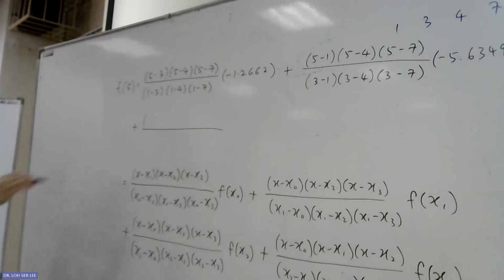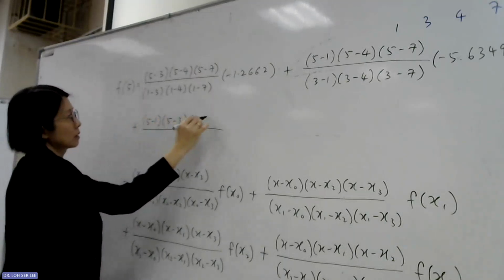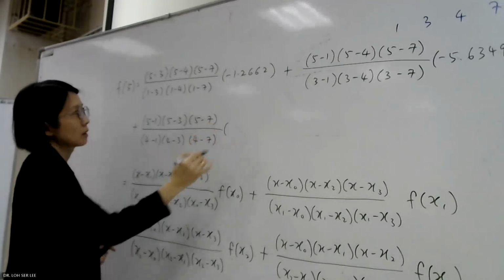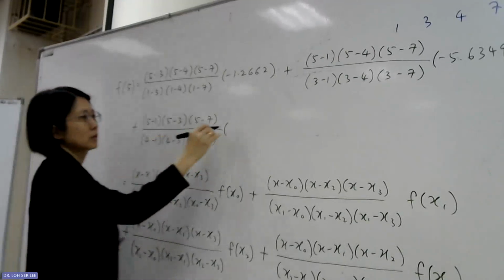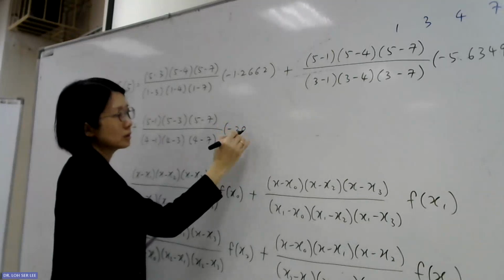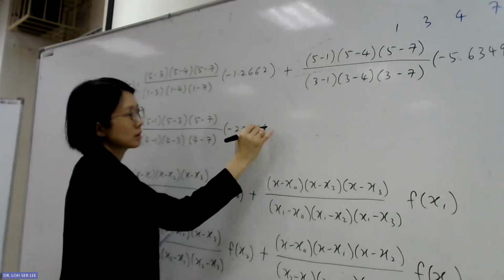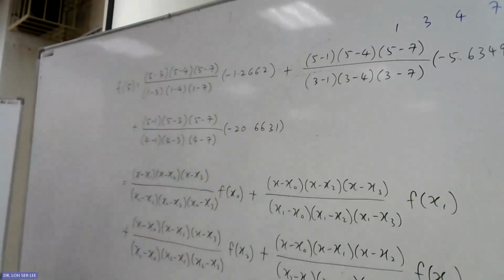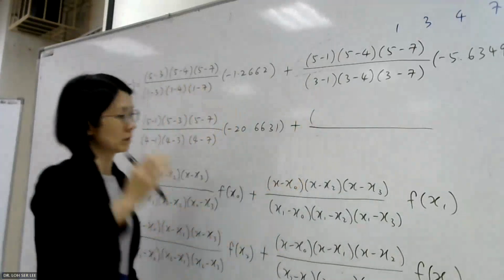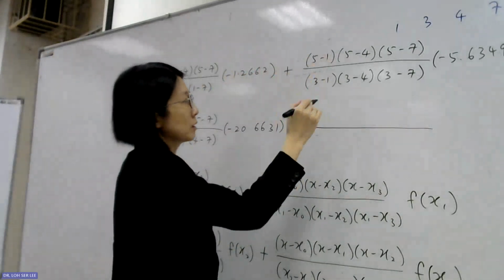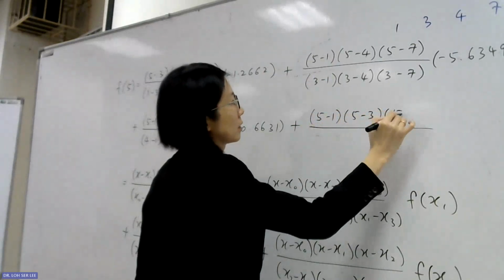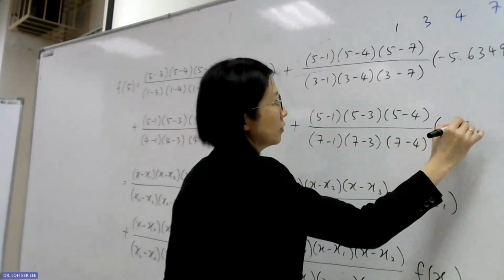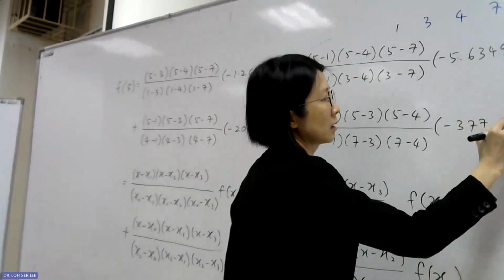Negative 20.6631. 0, 1, 2. Negative 377.8905.